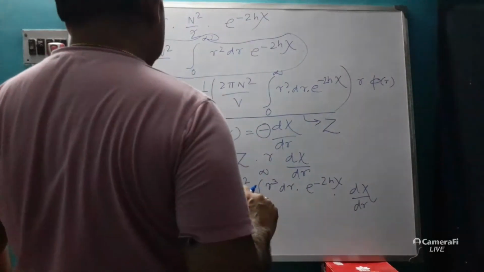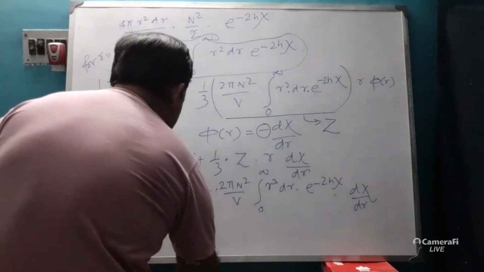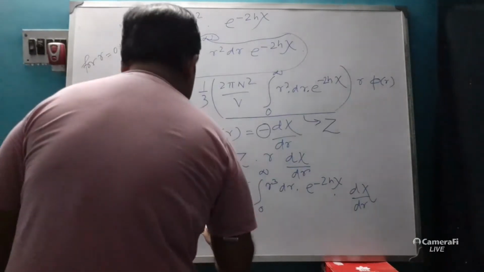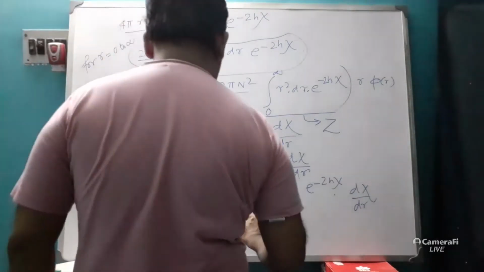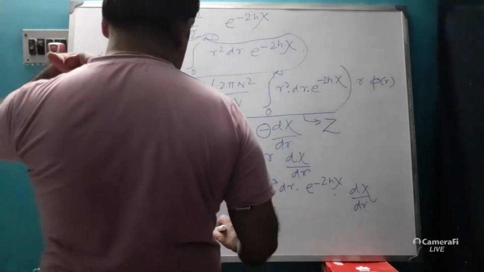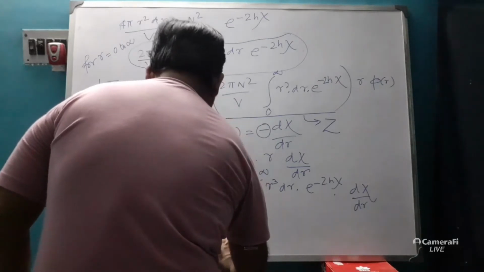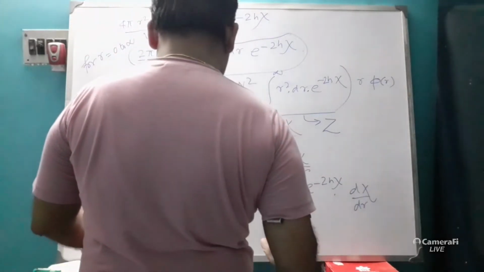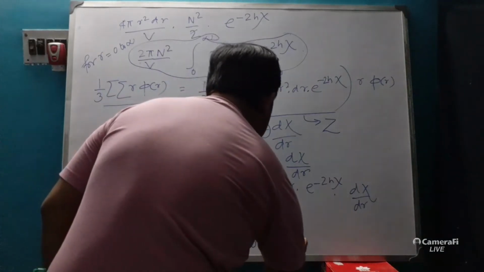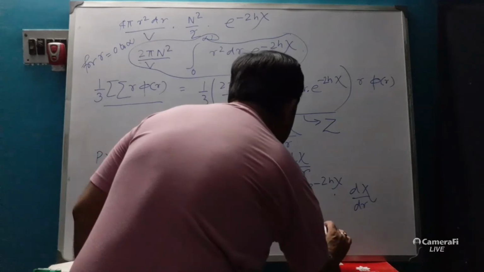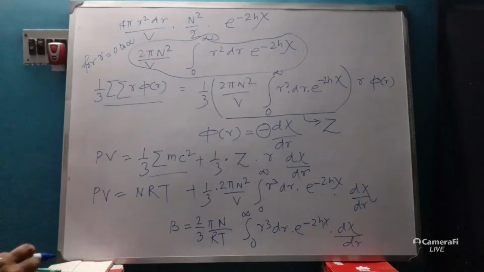Now we have to replace this whole stuff with B equals 2/3 pi n by RT, integration 0 to infinity r cube dr e to the power minus 2h chi into d phi dr. This is the value of capital B that you have got.